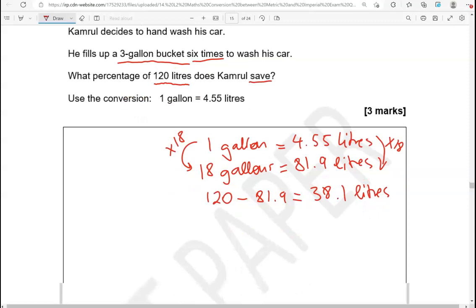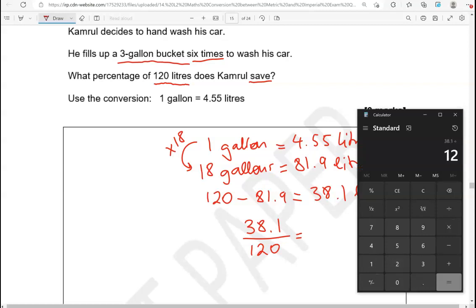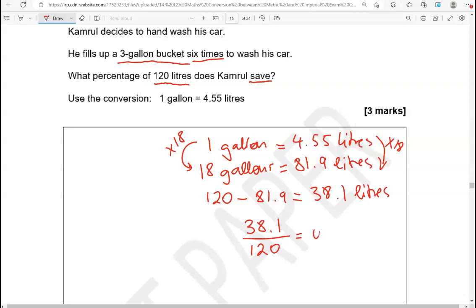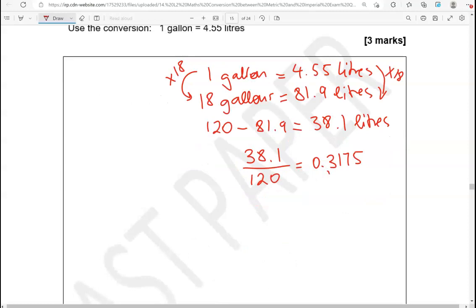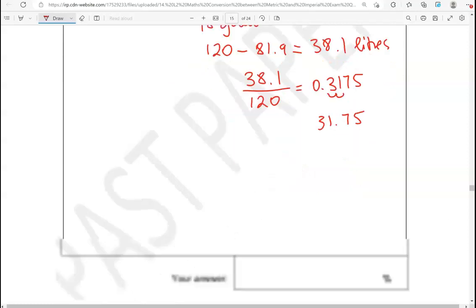Now, as a percentage of 120 litres, we work it out by doing 38.1 divided by 120. That is 0.3175. To convert this into a percentage, we multiply by 100. So we get 31.75%.